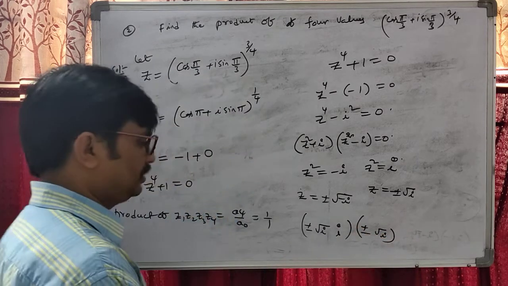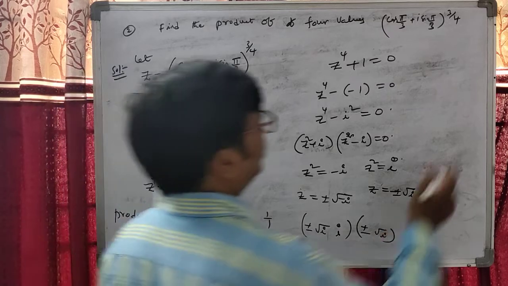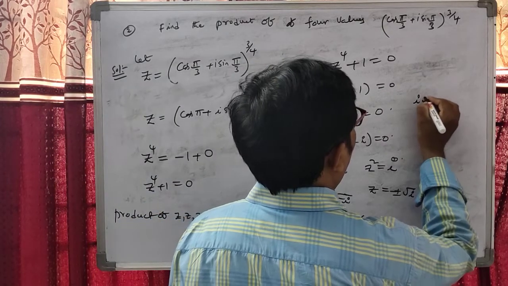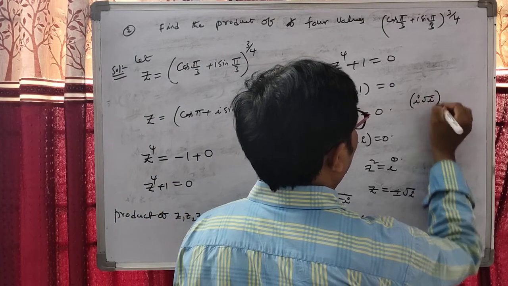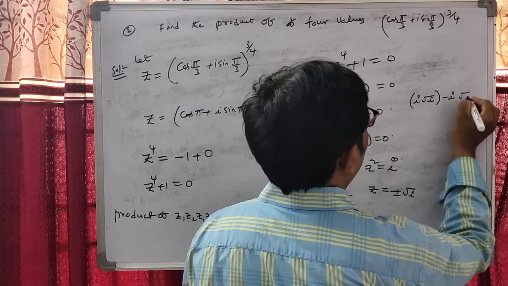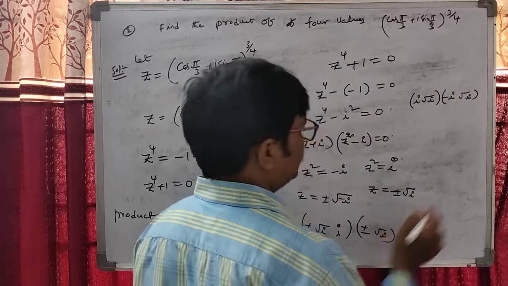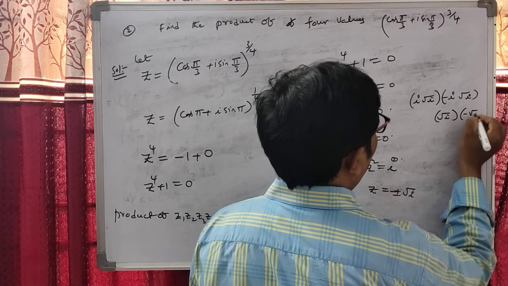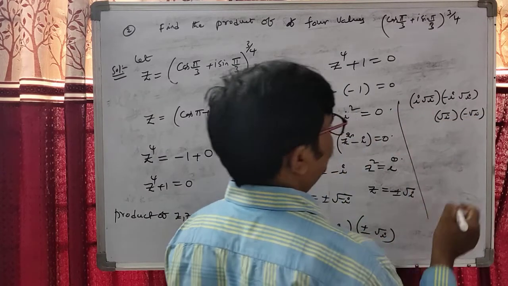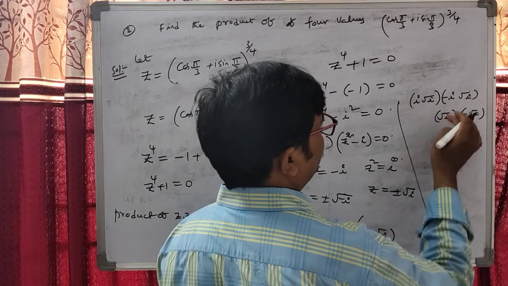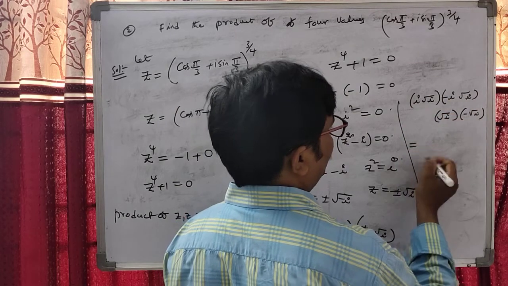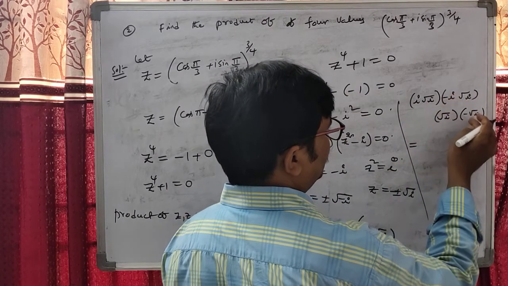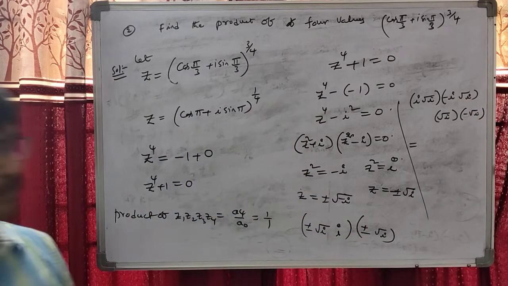This means we got i root i is one value, another one is minus i root i, this is root of i, and another one minus root of minus i. So plus into minus into plus into minus, plus into minus is minus, minus into minus is plus.